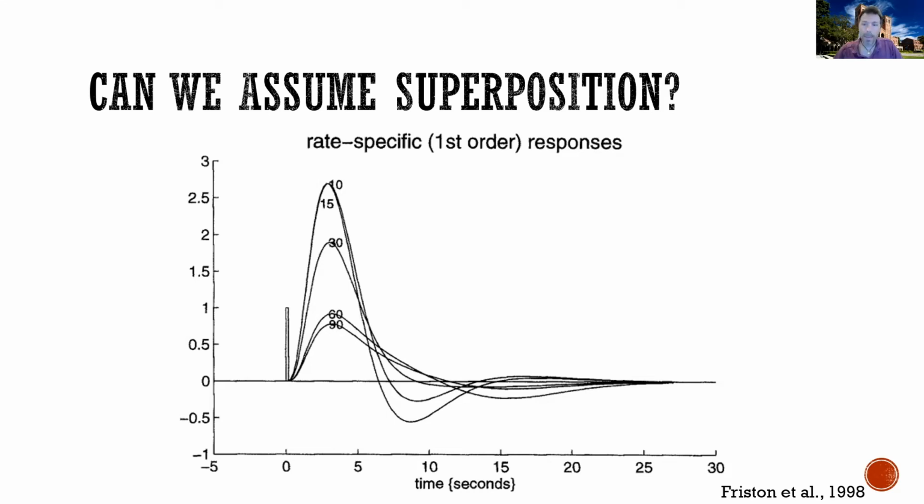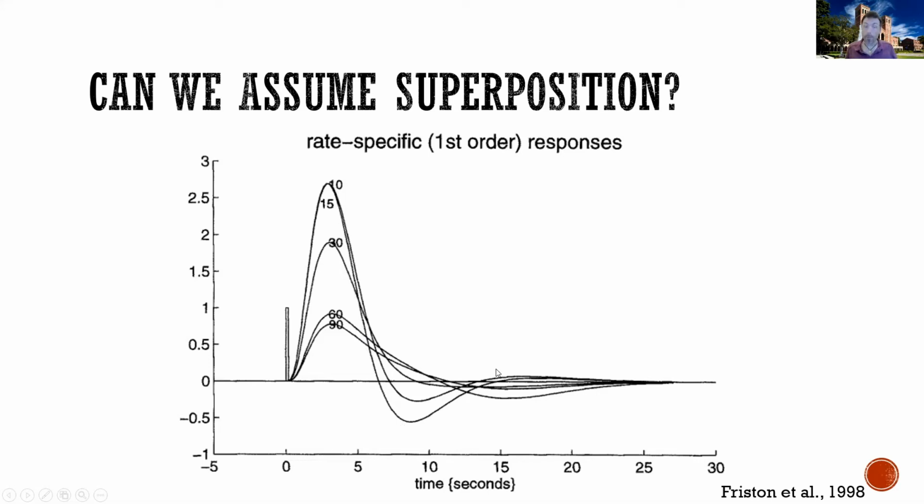So if you play 10 words per minute, the response to your target word is this much, right? So you get a big response. Now, if you look at the response to a single word in the context of having 15 words per minute, then you still get this nice big response, up and down.